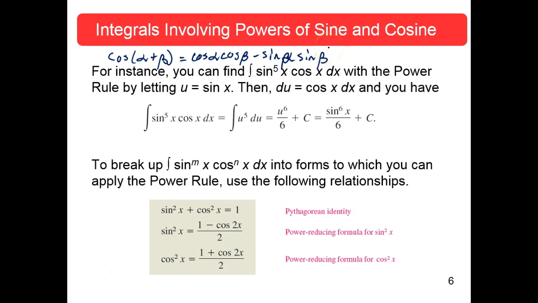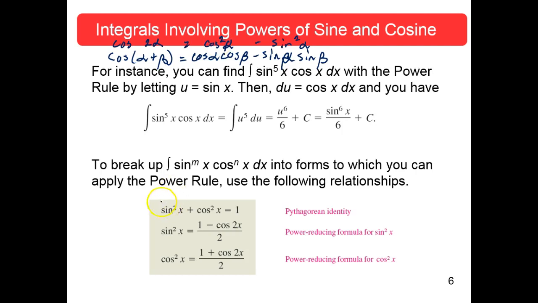Sort of ring a bell? Well, what if alpha is equal to beta? Then this would be 2 alpha, right? And then this would be cosine squared alpha, and this would be minus sine squared alpha. So cosine 2 alpha is equal to cosine squared alpha minus sine squared alpha.